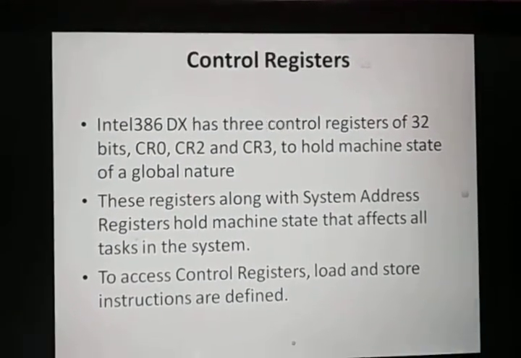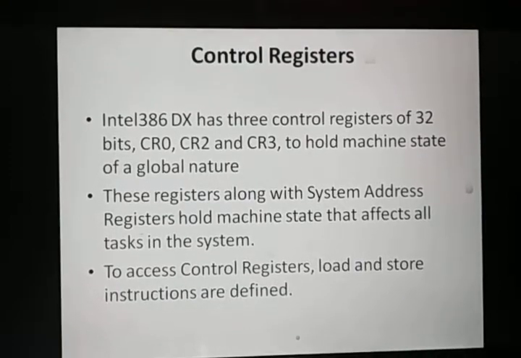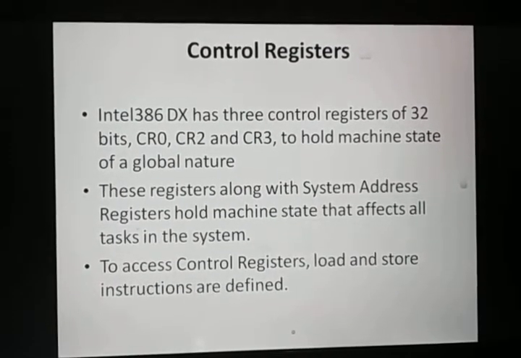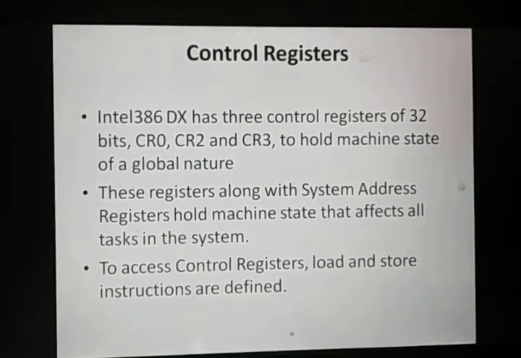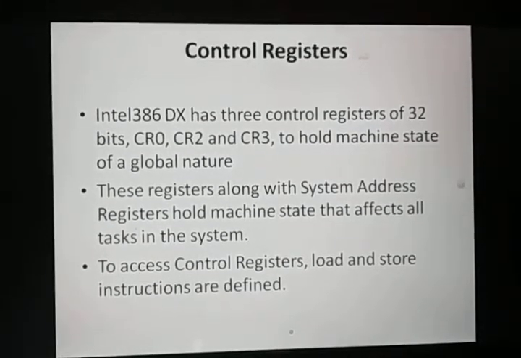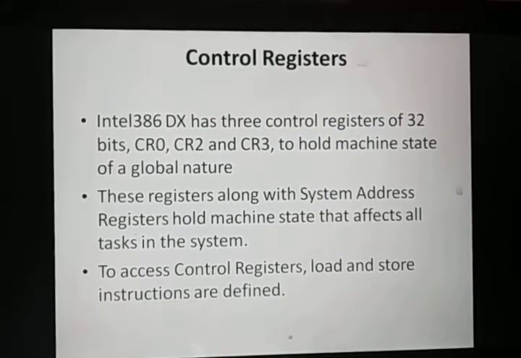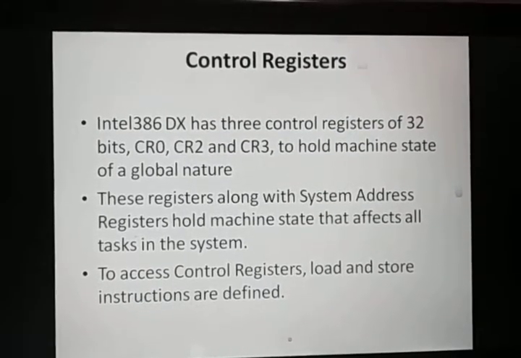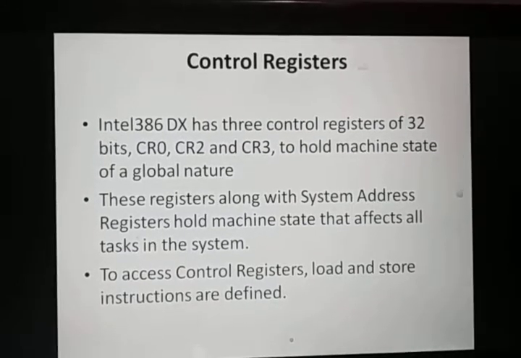Then the next register is the control register. When we talk about the 80386 processor, we classify it into two parts, the DX part and the SX part, and in our subject we discuss the 80386 DX part.